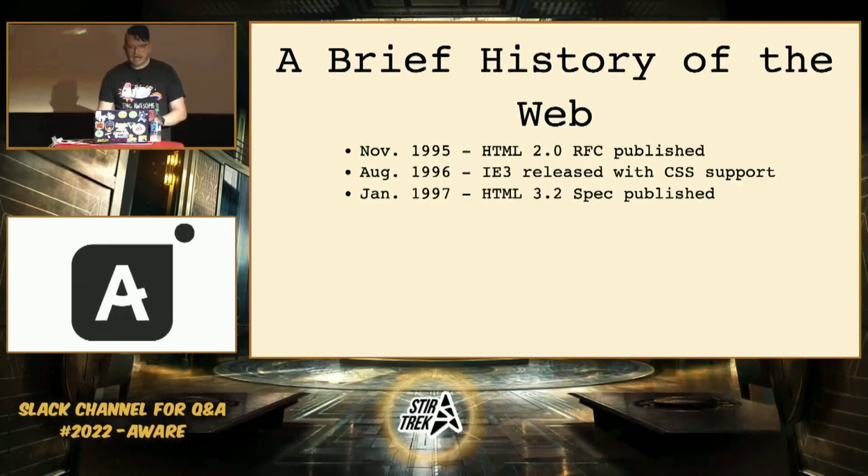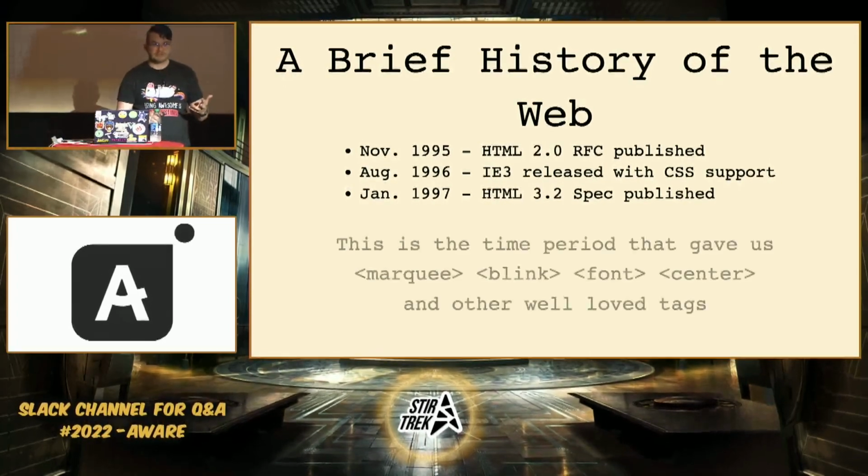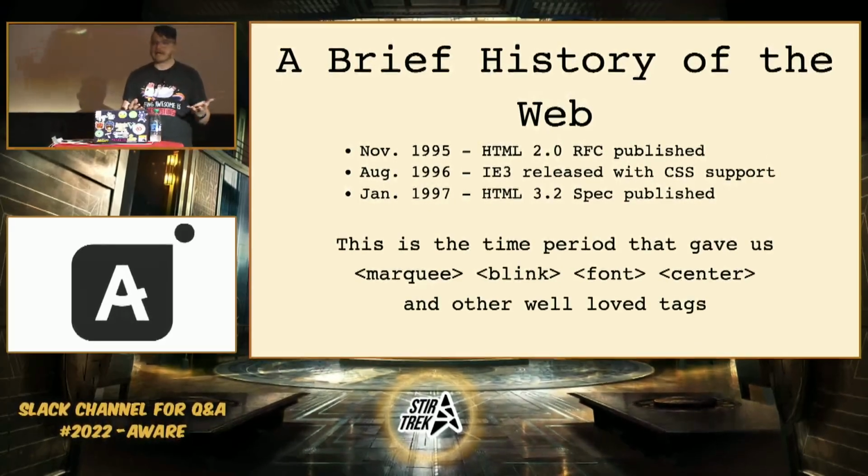Now, this is the time period that gave us some tags that are much beloved to many people, such as the marquee tag, the blink tag, the font tag, the center tag. There's a whole bunch of things in there that is just fantastic stuff. So the problem is that, like I said, browsers move a little bit faster than the standards bodies can keep up.